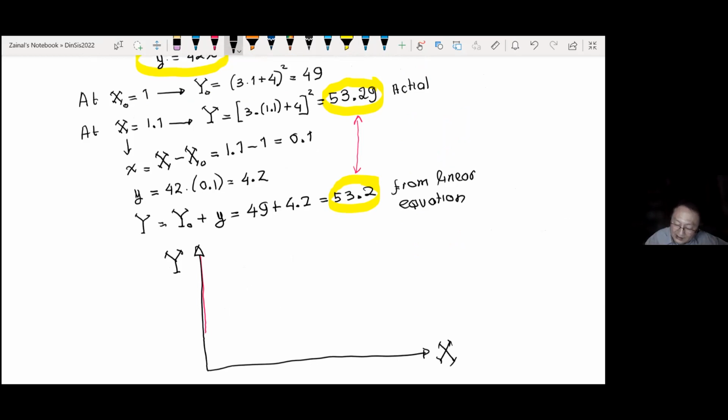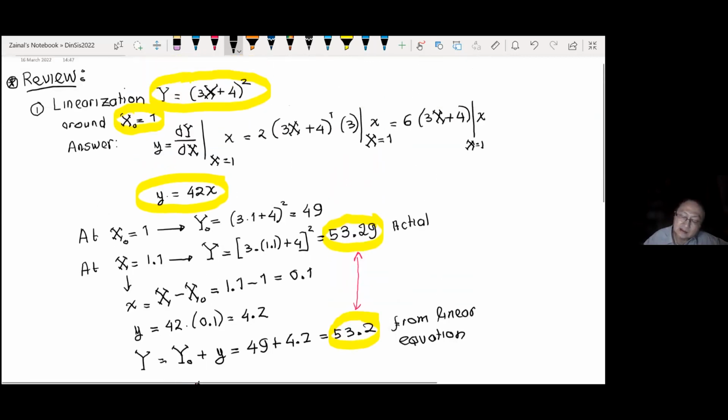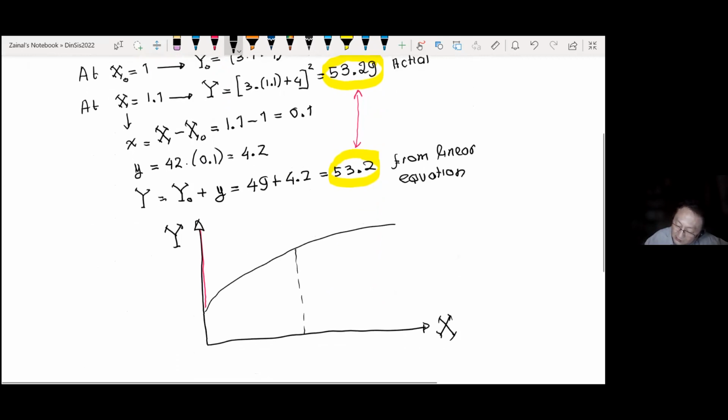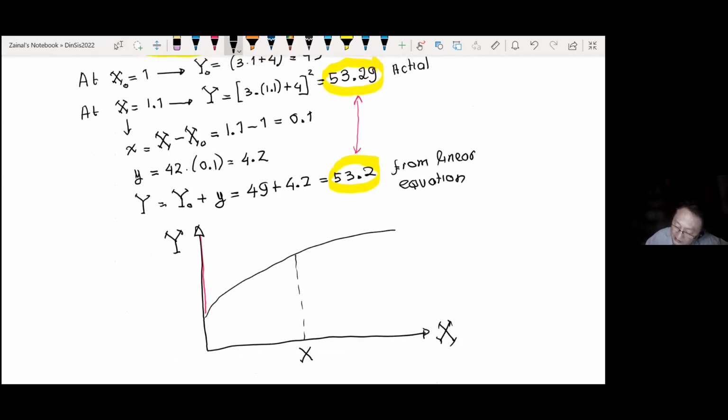And we have a function, I don't know the function, but suppose at x0 is 4. This one is x0, and this one is y0.